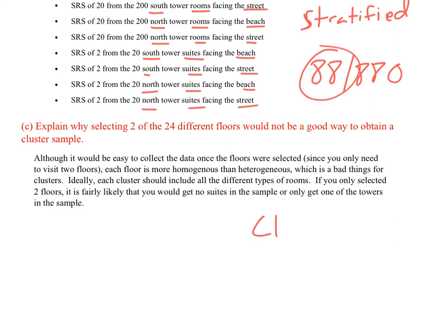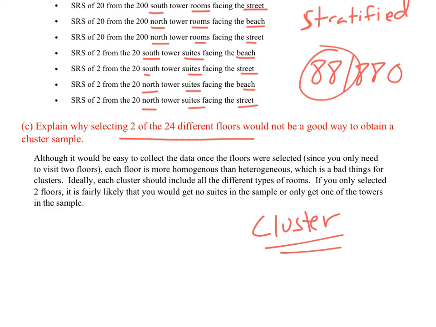Last one. This talks about a cluster. The 2 towers had 24 total floors. I think each tower had 12. A cluster sample would be to say randomly select 2 of the 24 floors.